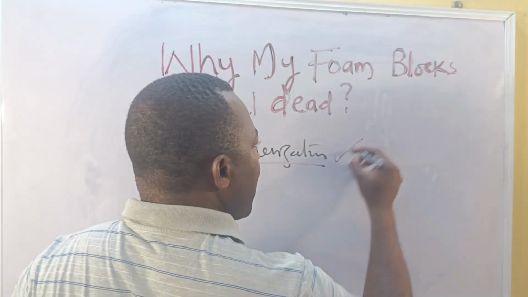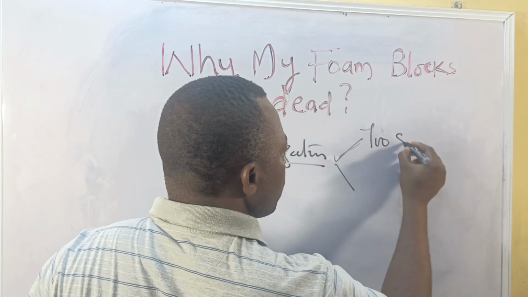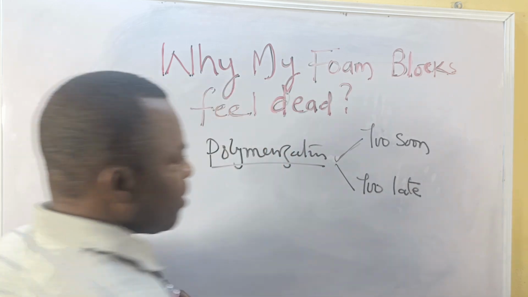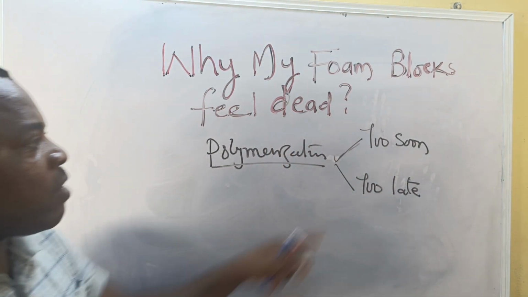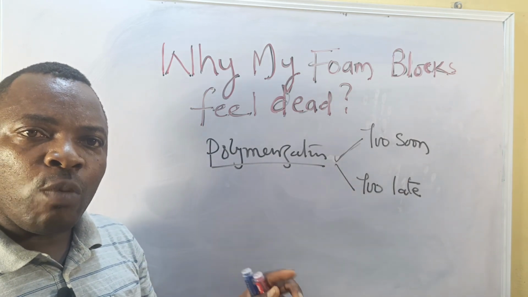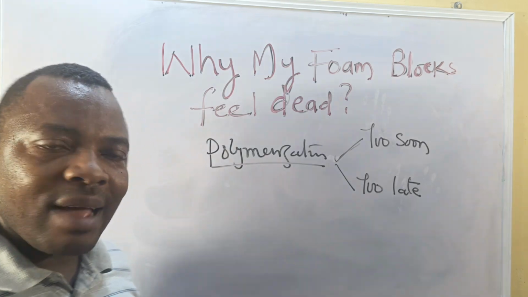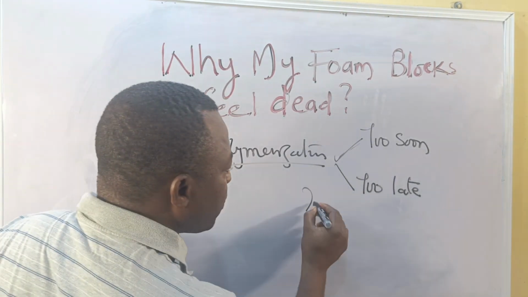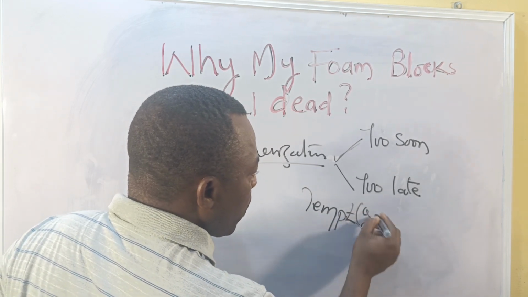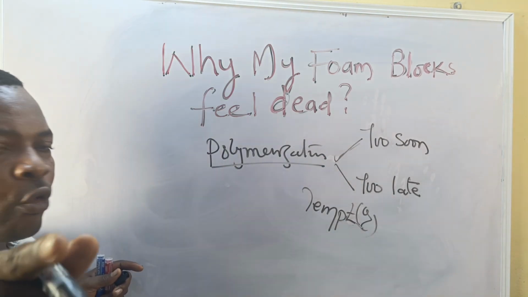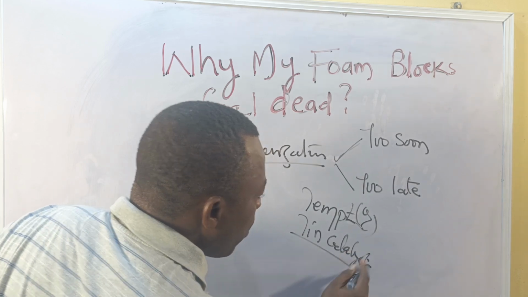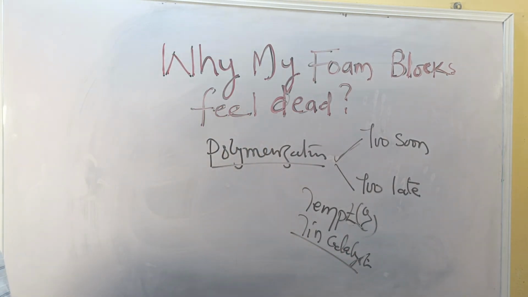In this case, the polymerization may occur too soon or too late. These are the two cases that lead to split, crack, shoulder split, and cavity opening, making the reaction unbalanced. The attributes to this factor are temperature and one raw material known as tin catalyst.